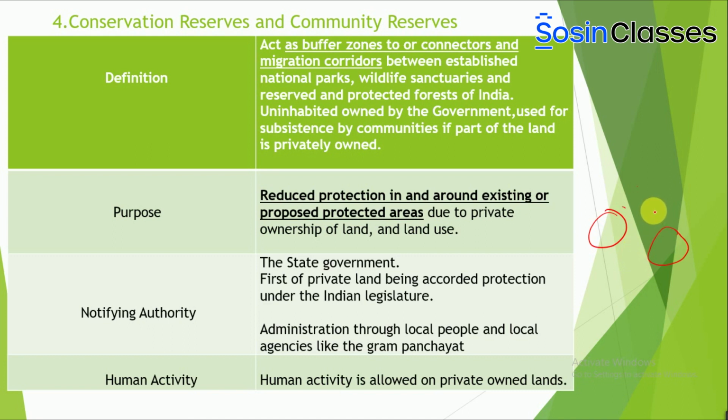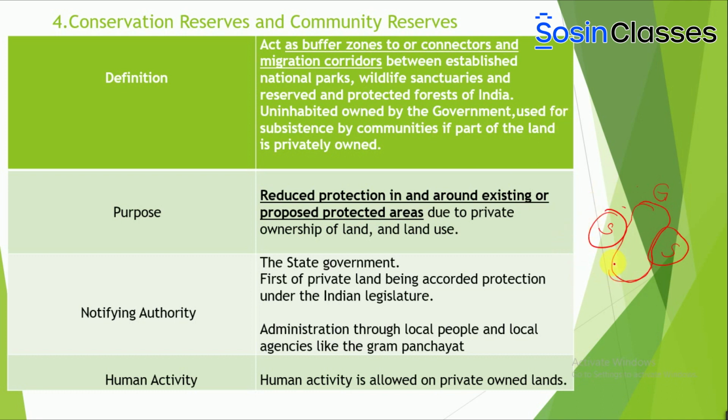These reserves are the buffer zones between them. Let's say these two are sanctuaries. The area between them, which is mostly owned by the government of India or the states, will be declared as a community or conservation reserve.